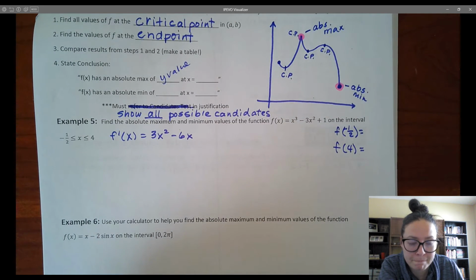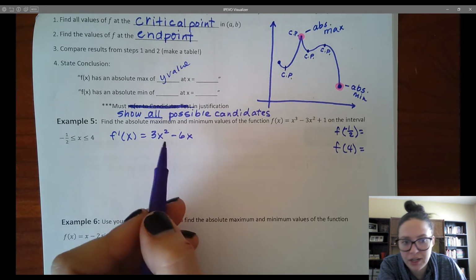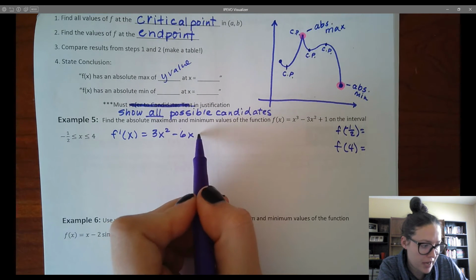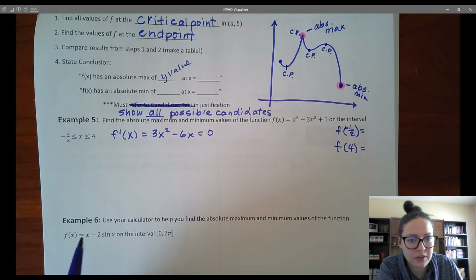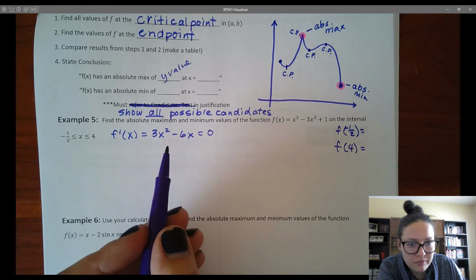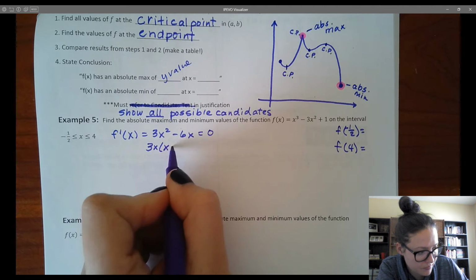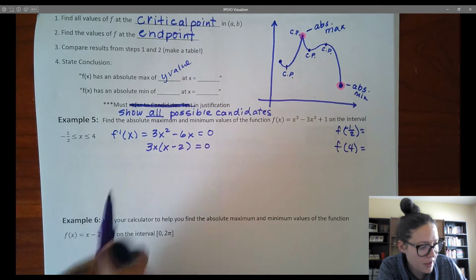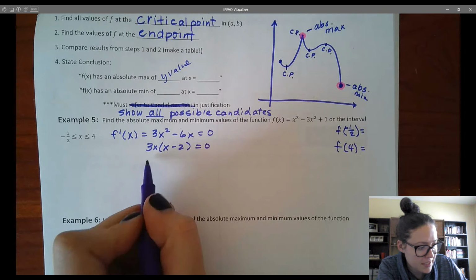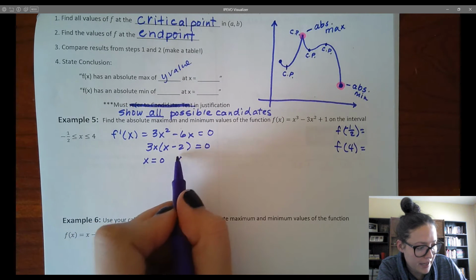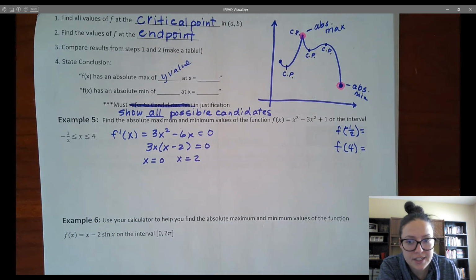It's simply a quadratic. So I'm just going to find where it equals 0. To solve this, I can factor out a 3x. And from this, we can see that we're going to have critical points at x equals 0 and x equals 2. So this now has given me my two other candidates.